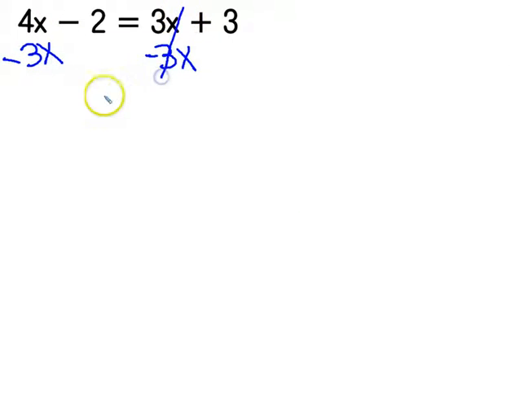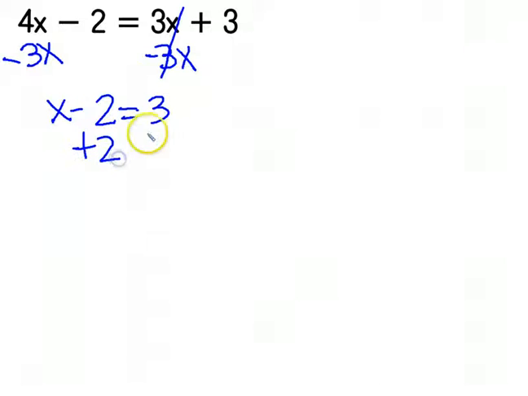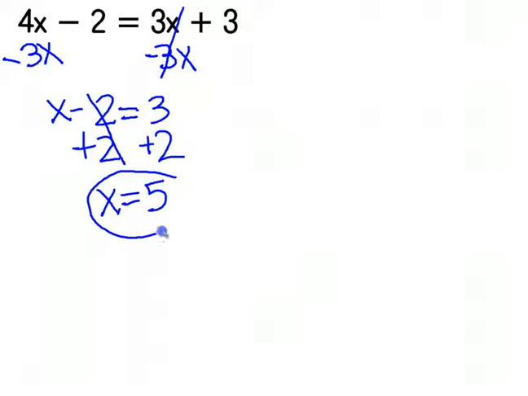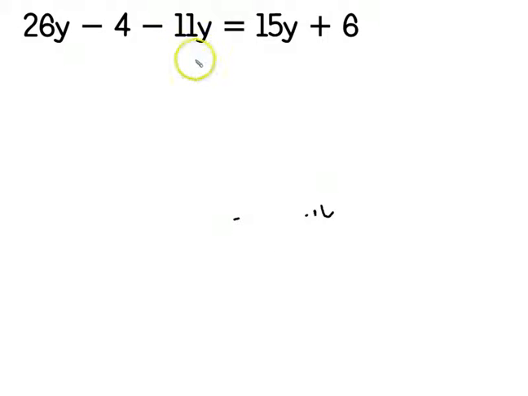So we'll have one x left on this side, 3 left on this side. Cancel out the 2, so the units are on this side, and we get x equals 5. Easy, right? x equals 5 is our answer, and we're done. And we can always go back and check that in our equation by putting 5 in for x.